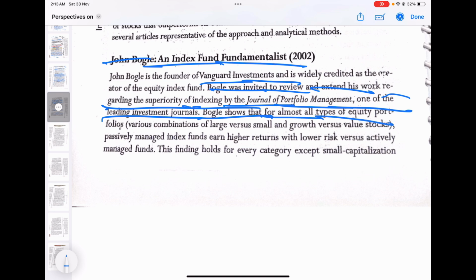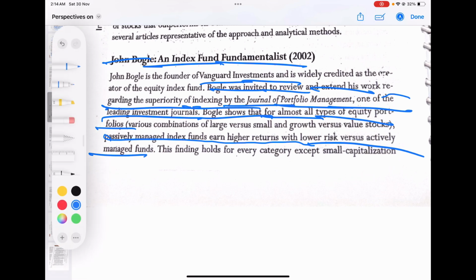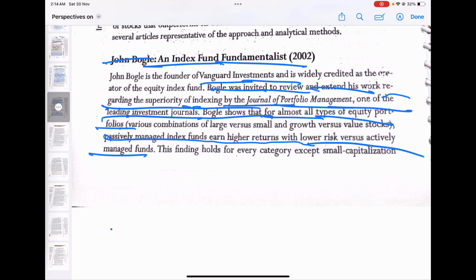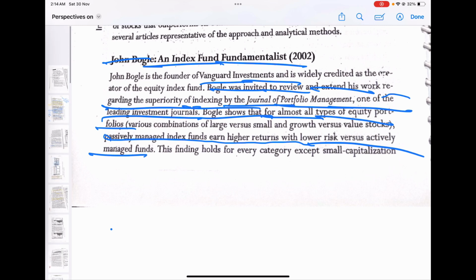Bogle shows that for almost all types of equity portfolios, passively managed index funds earn higher returns as compared to actively managed funds. So again, don't stick to this just because that's what worked for John Bogle, right? It doesn't mean that only passive funds are good and active funds are not good. You really don't know what works for you.